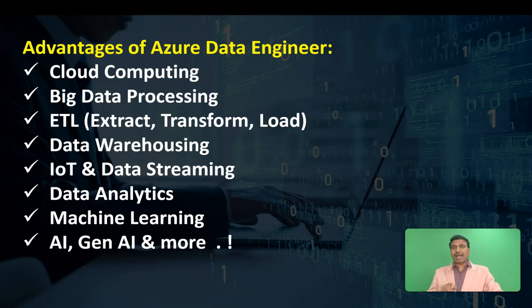Number 8, AI, Gen AI, and a few other components like LLMs and agentic AI do require us, you and me, data engineers. Without true, successful, confident data engineers, no AI, no agentic AI, or LLMs or data science activities.